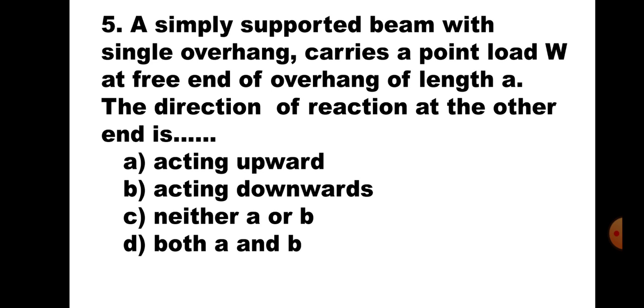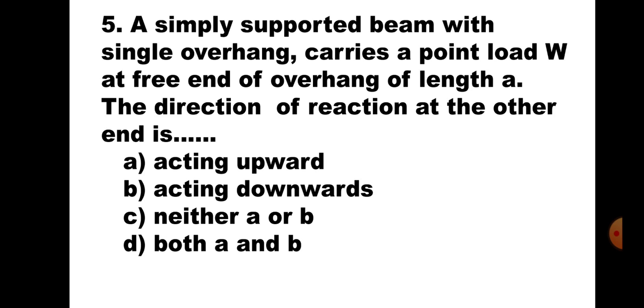Question number 5. A simply supported beam with single overhang carries a point load W at the free end of overhang of length a. The direction of reaction at the other end is A. acting upwards, B. acting downwards, C. neither A or B, D. both A and B. Now in this question, a simply supported beam is having overhang on one side.